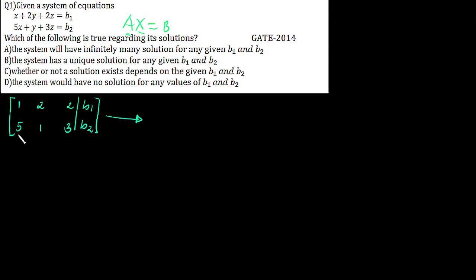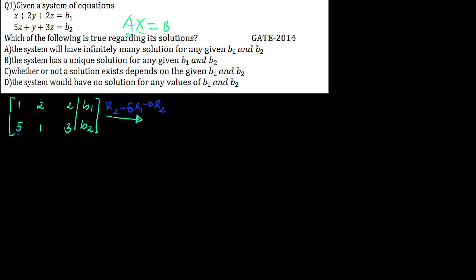I want to make this entry 0. So if I subtract 5 times the first row from the second row, I will end up with 0 here. So let's write it: R2 minus 5 times R1 gives me a new R2.